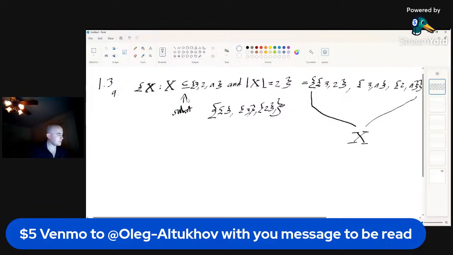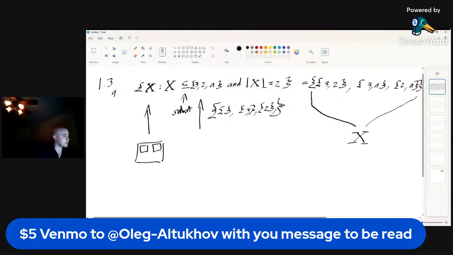So basically, this is a box, and we can subdivide the boxes any number of ways. But in this case, we want to subdivide the boxes such that each of the sub boxes contains 2 items. So we're going to say 3 and 2, 3 and A, 2 and A. That's what we did.